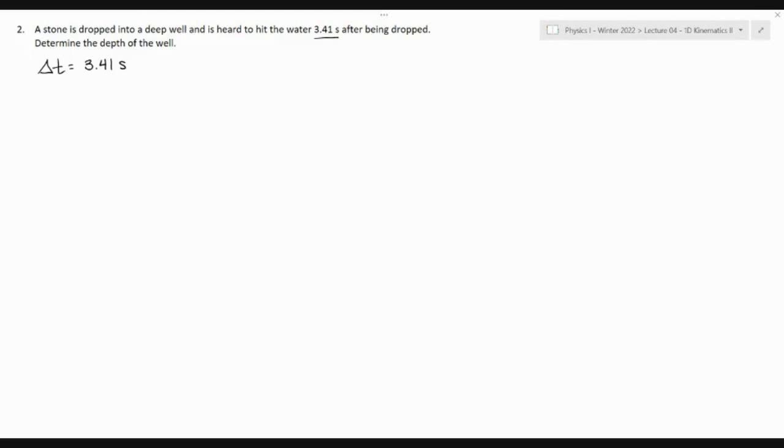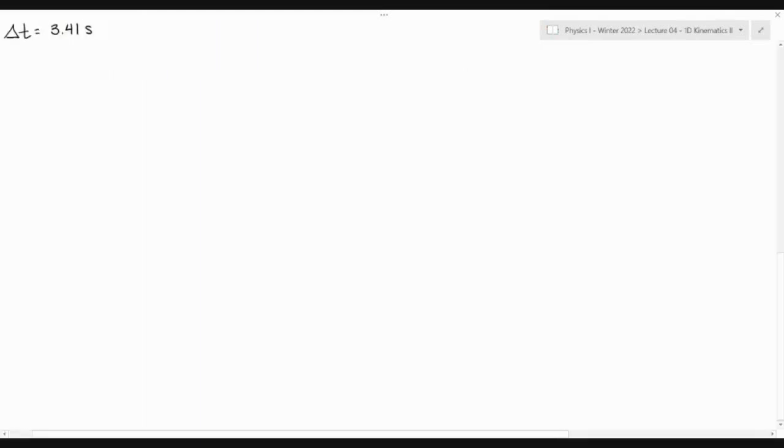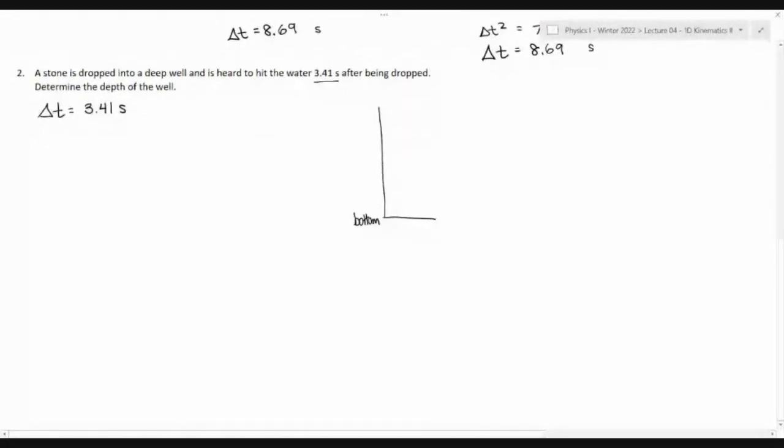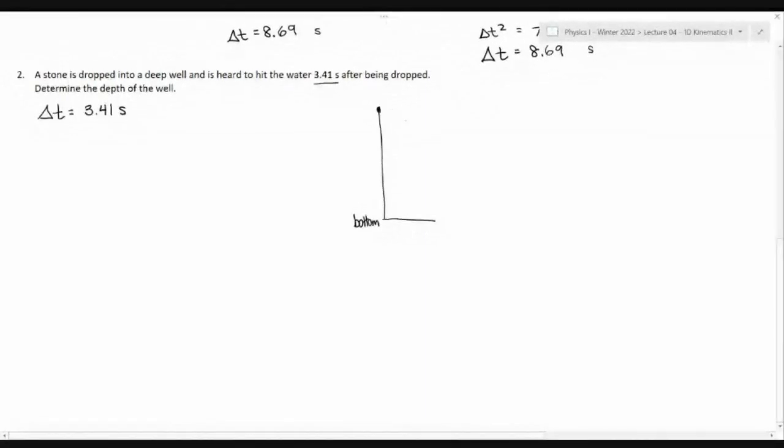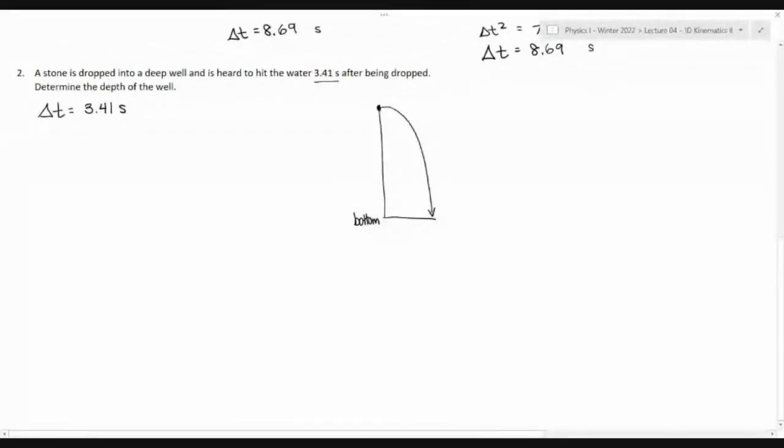Okay, so what else is it that we know? S initial is 0, but that's up to you. Wherever you want S initial to be. Let's say this is the bottom of the well here, and the stone starts up here and it drops and it lands on the bottom somewhere. It hits the water 3.41 seconds after being dropped.